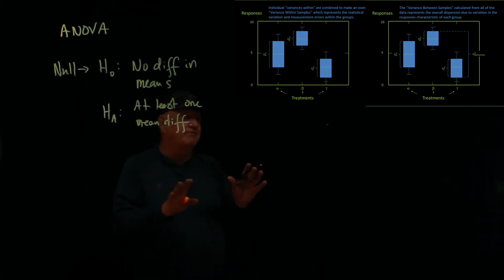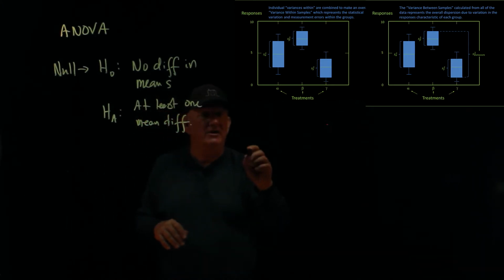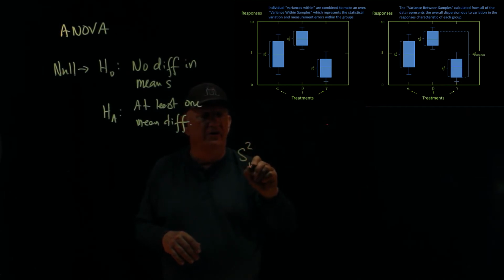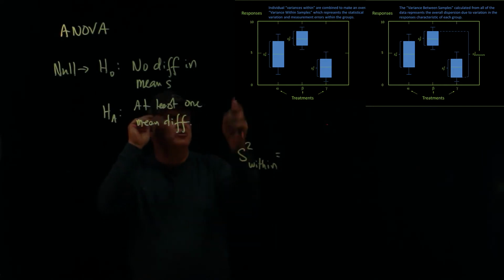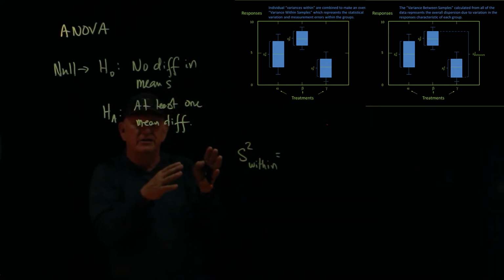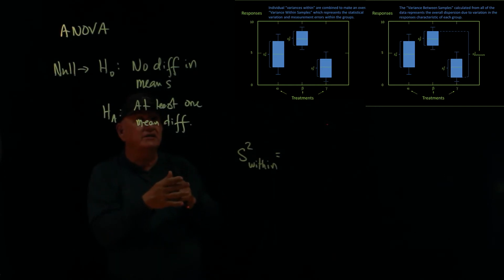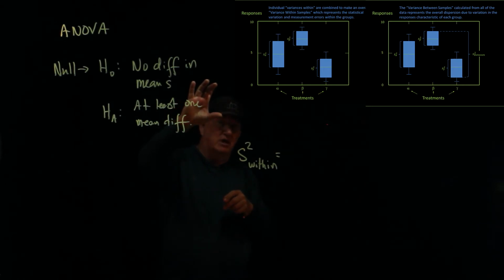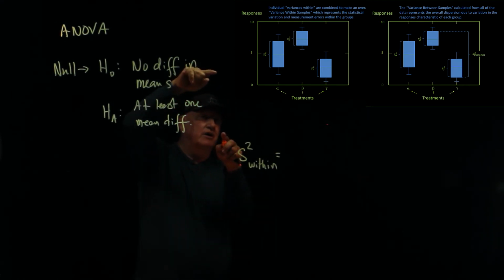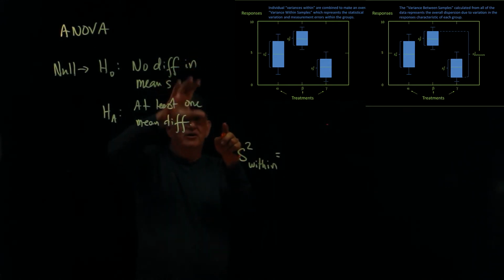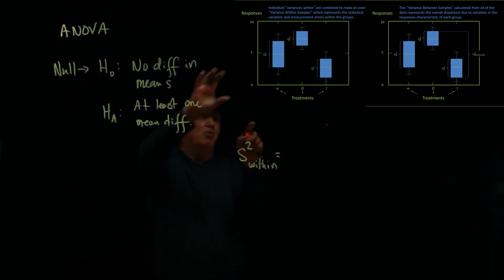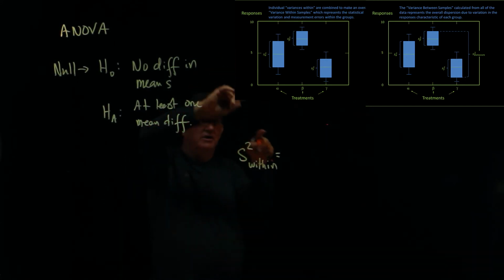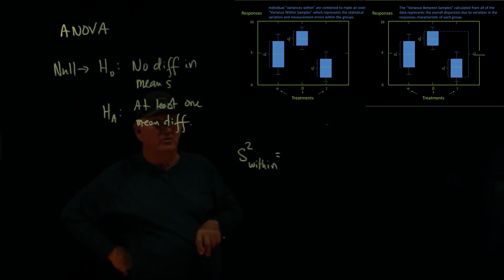Okay, so on the left here, what I'm describing is what's called the variance within. The variance within is associated with the intrinsic variances within each group. And that's indicated in this case by the length, or width, whatever it is, of these box plots, right? Again, the alpha group has the longer box plot, the more variance within, certainly more than the beta group does and more than the gamma group does as well.